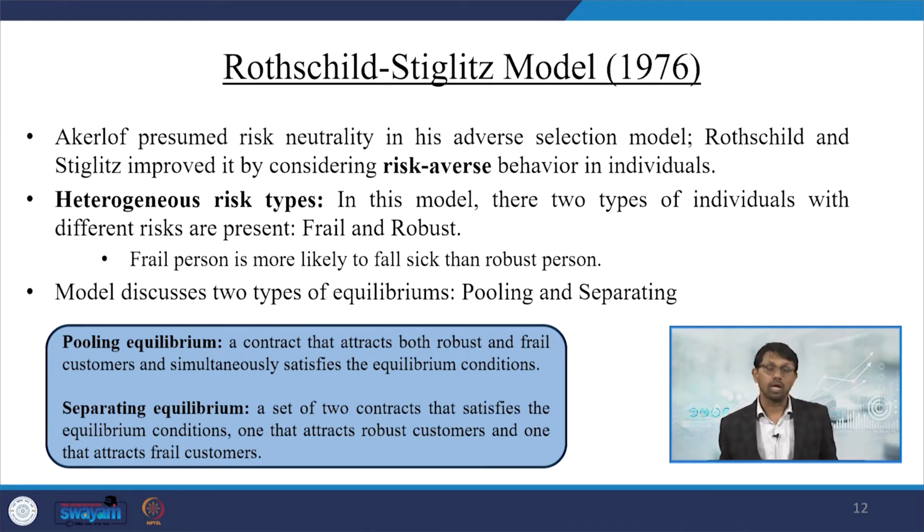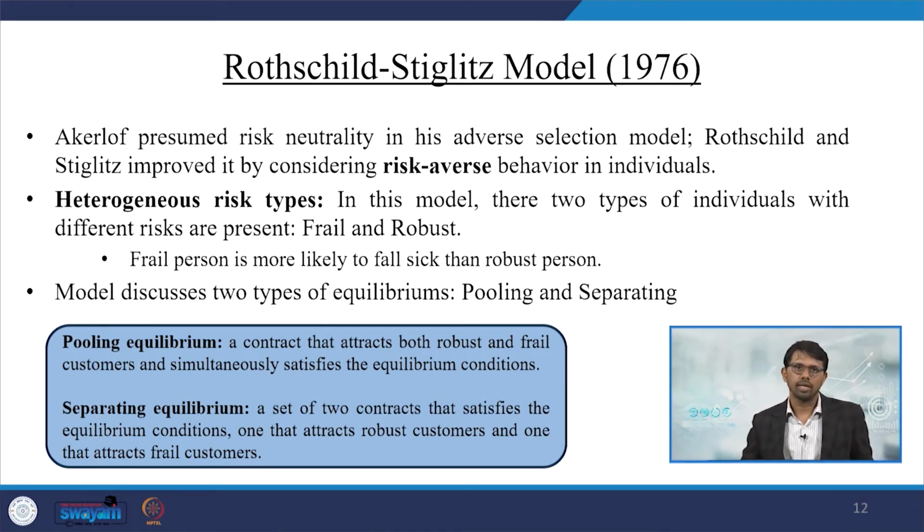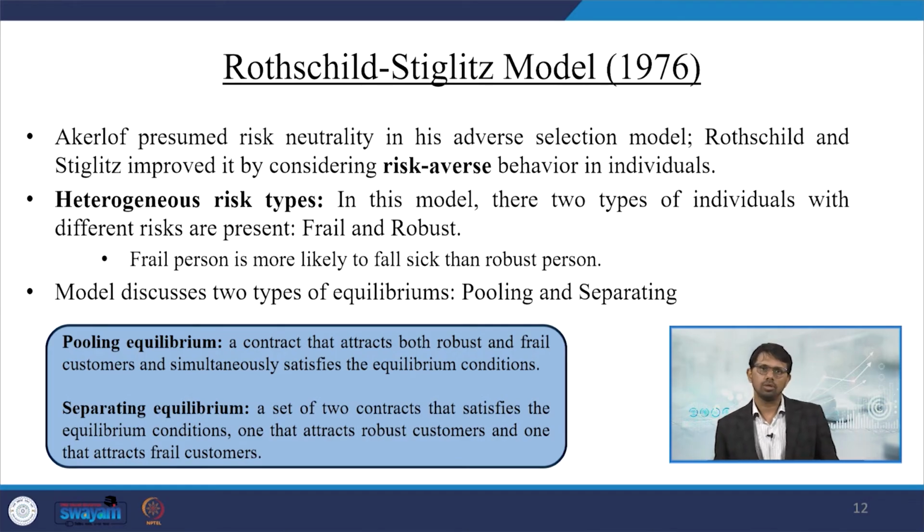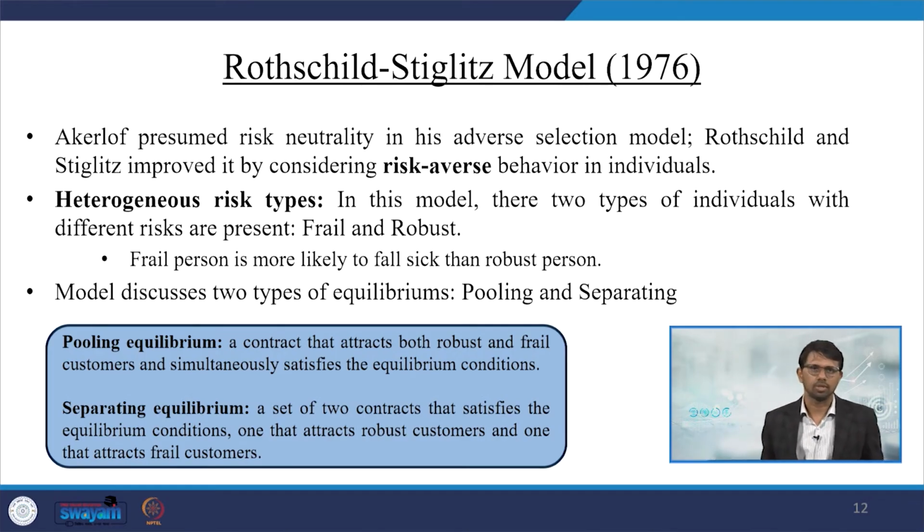The model discusses two types of equilibrium, either pooling based or separating based. Pooling is, as I told you, a contract that attracts both robust and frail customers and simultaneously satisfies the equilibrium conditions, whereas a separating equilibrium is a set of two contracts that satisfies the equilibrium conditions, one that attracts robust customers and another that attracts frail customers.